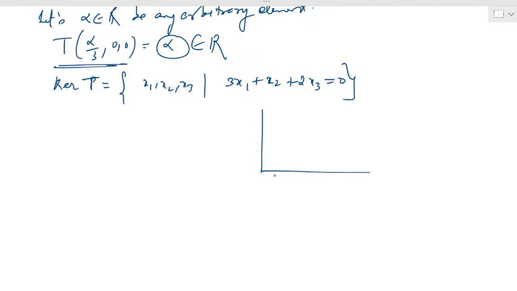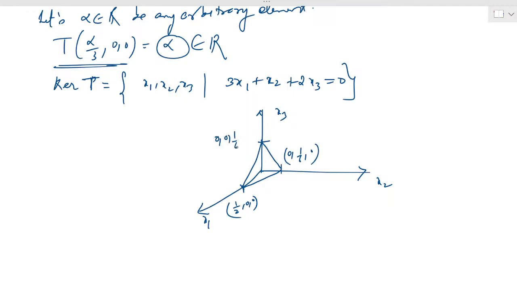If you remember your three-dimensional geometry, let's say this is x1, this is x2, and this is x3. So the kernel will contain only those points which lie on the plane.